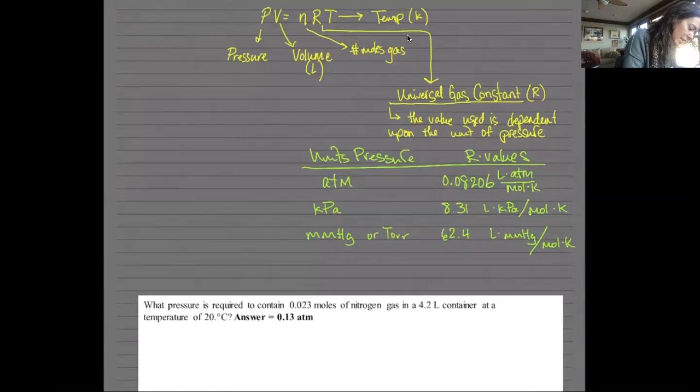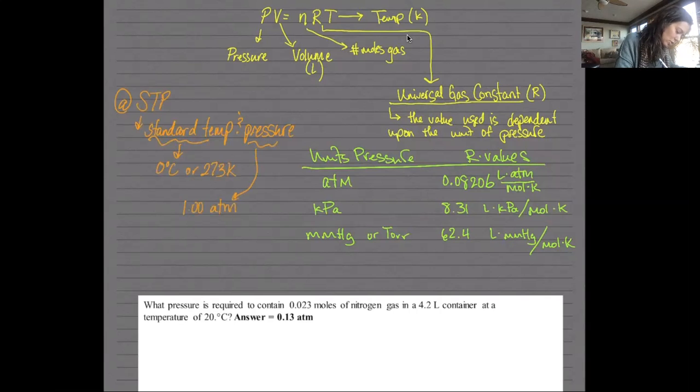One more thing I need to get in here is that at STP, what is STP? This means standard temp and pressure. Standard temp is 0 degrees Celsius or 273 kelvins. Standard pressure, we've already discussed, is 1.00 atm.